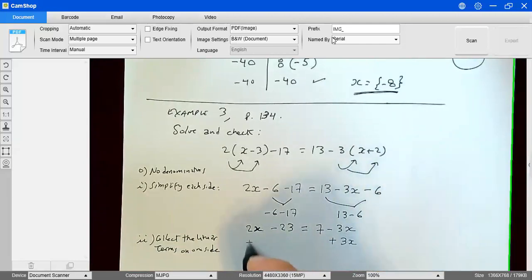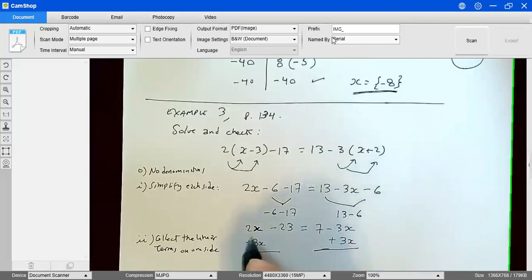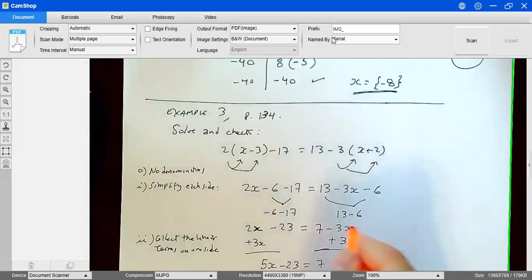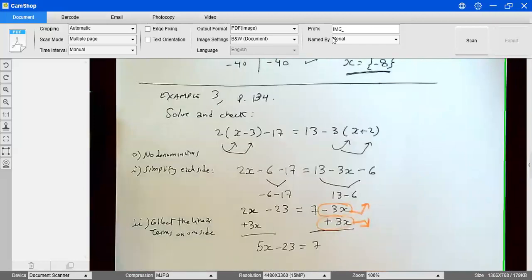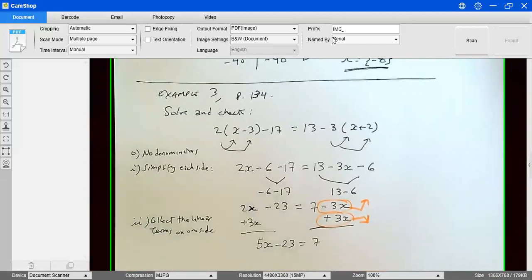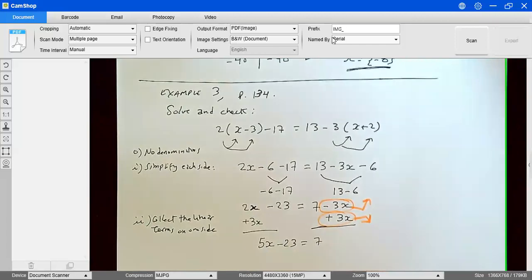So I'm going to add 3x on both sides. So 3 plus 2 is going to be 5x minus 23 equals 7, because these two cancel to each other. So I have now the equation in the way that you used to have it in the previous section.